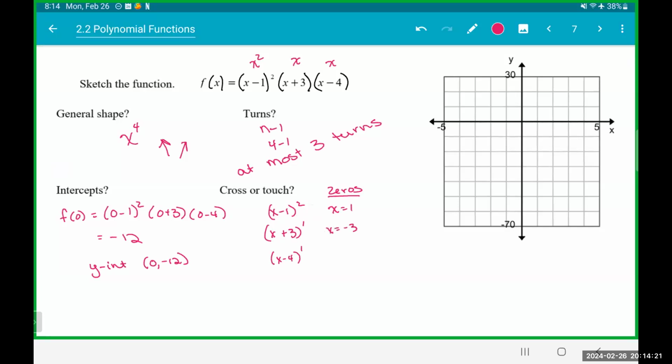X equal to -3 makes that a 0, and x equal to 4 will make that a 0. Now I look at my multiplicity, or my exponents there. It's even, so here we're going to just touch. This one, we have the 1 exponent, so that's odd. So we're going to cross. And here we have a 1 as well, and so we're going to cross. Okay.